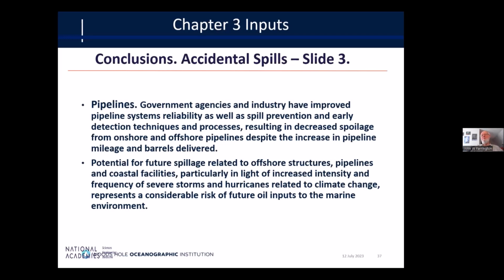And think about the destruction of coastal facilities during Hurricane Katrina, and think about the situation with respect to Mississippi Canyon Site 20 in terms of the mudslide caused by another hurricane that wiped out and buried a particular production facility structure. These are addressed in the report.